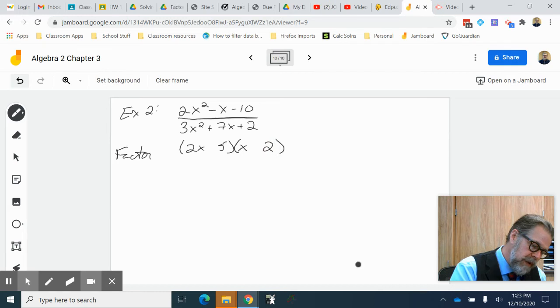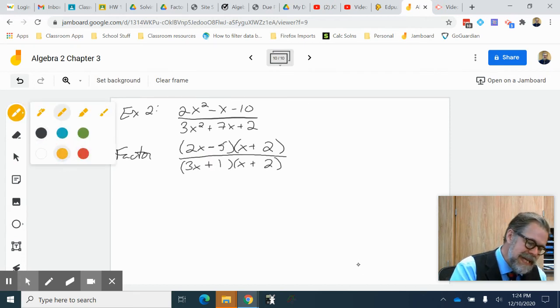Yep, because 2 times 2 is 4, 5 times 1 is 5. I want the 5 to be negative and the 4 to be positive. And on the bottom, I've got 3x and x, and my only choices are 1 and 2, and I want 7, so I'm going to need 2 3s and 1 1 to make 7.